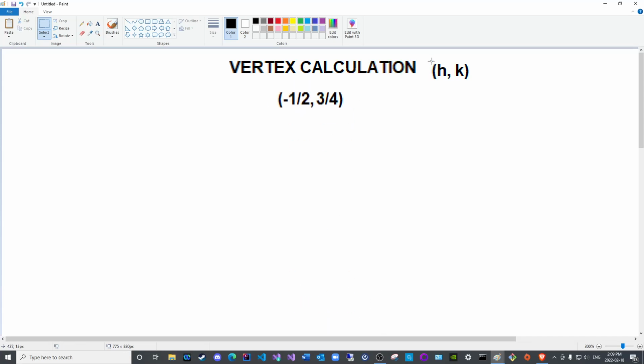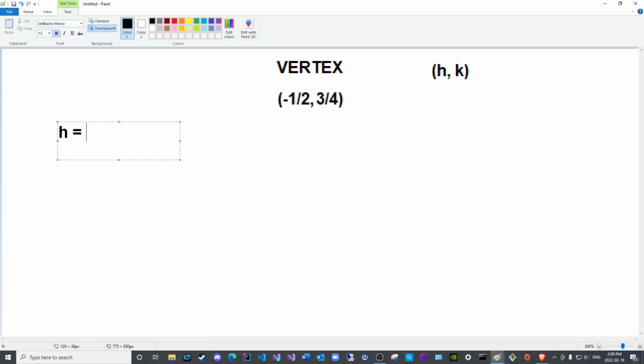In this example, it's not really a calculation anymore, so I will put this: the h is equal to -½ and the k is equal to 3/4. Or let us write it in a decimal format because I feel it is easier. 0.75. There we go.